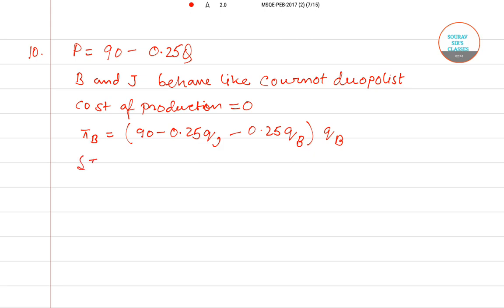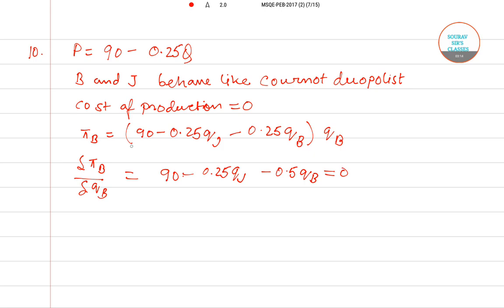Now if you differentiate this profit function with respect to QB, you will get 90 minus 0.25QJ minus 0.5QB equals 0.